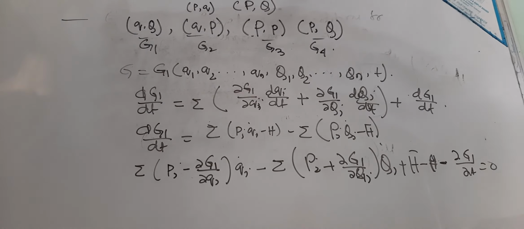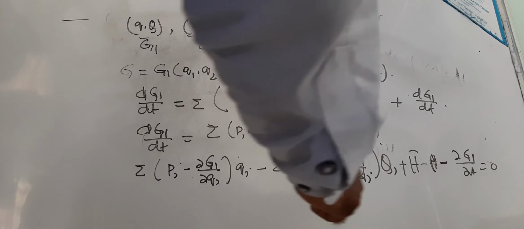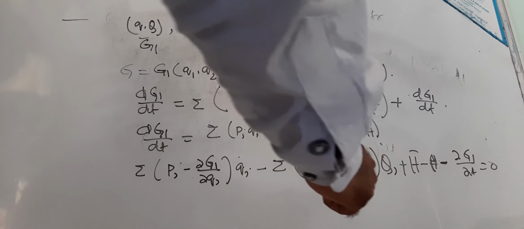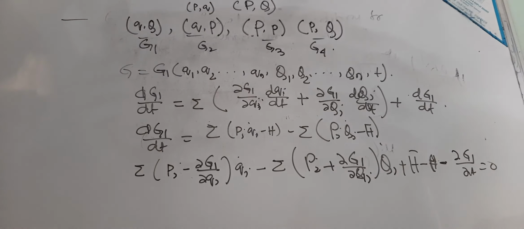It means that all the small q's, capital Q's and t are independent variables. So the coefficient of dqi, dQi and dt must be separately 0.